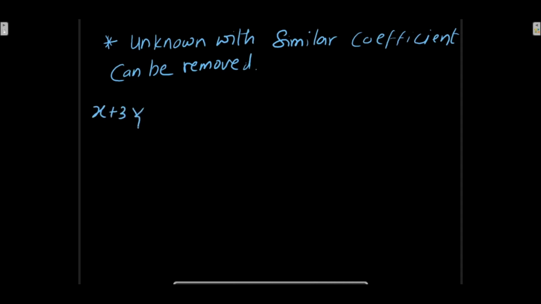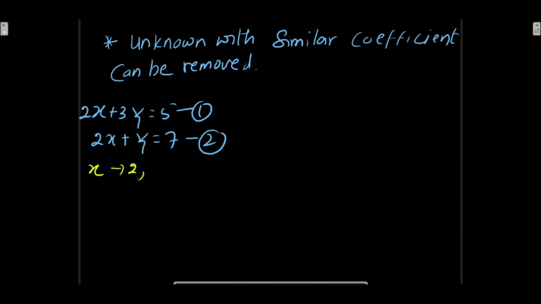So look at this. x plus 3y equals 5. 2x plus y equals 7. This one take as 1 and this one take as 2. So if you consider x, what are the coefficients of x? 2 and 2.